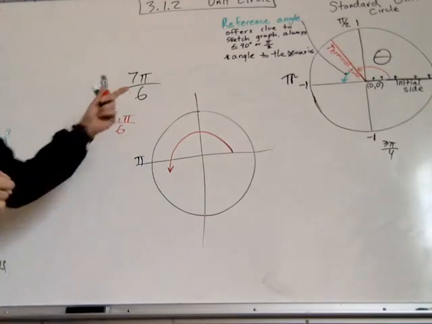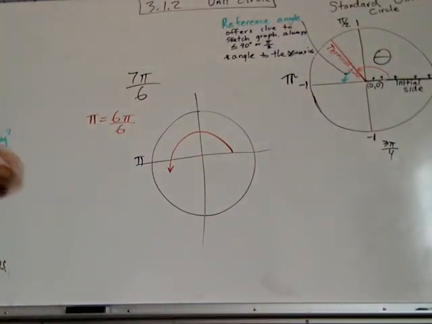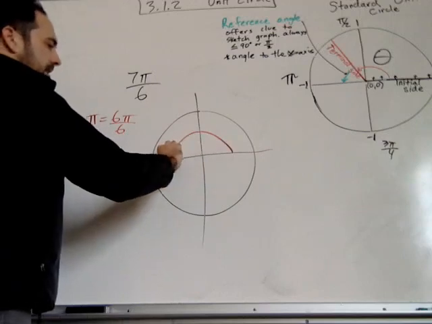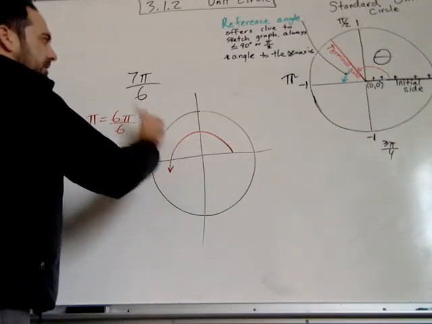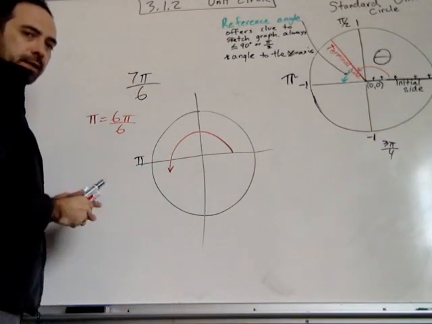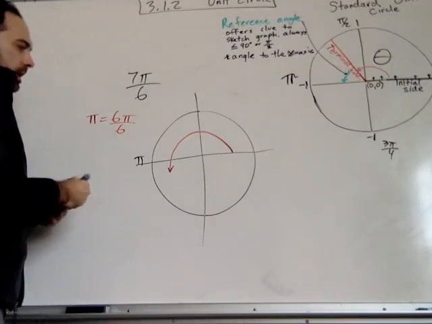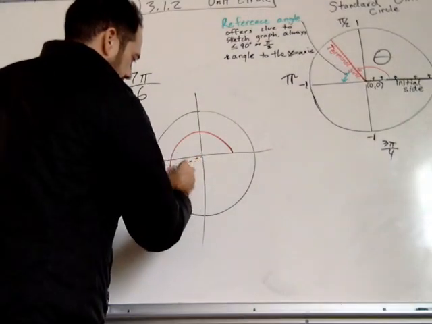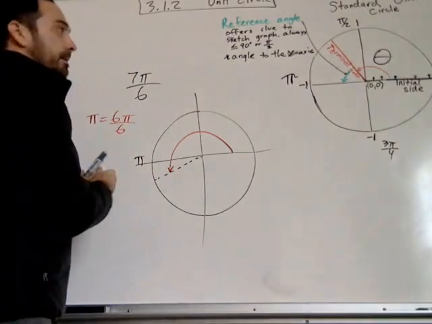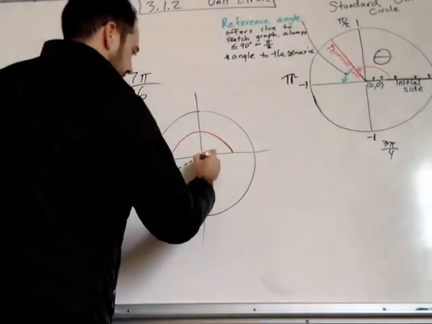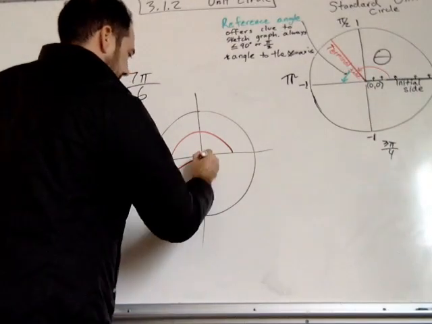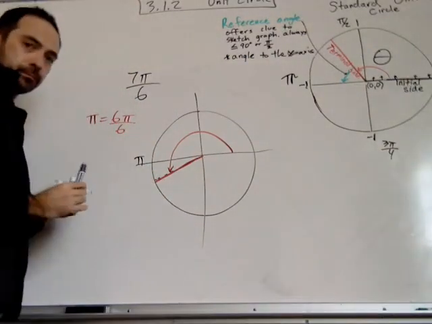I'm keeping it in terms of sixths because that's what I'm dealing with. So if I go pi radians, then all I need to go is 1 more sixth. So I'm going to go ahead and make my terminal side, I'll do it in red, down here. Terminal side of this unit circle.